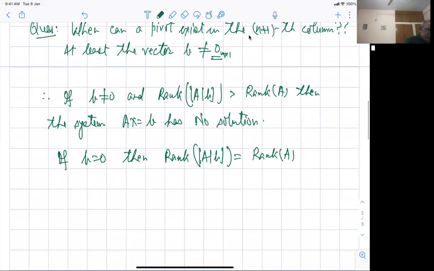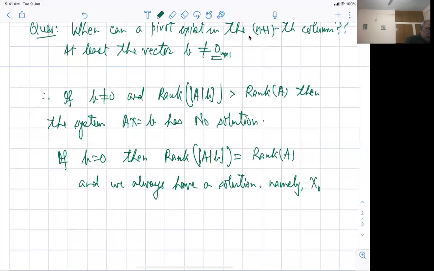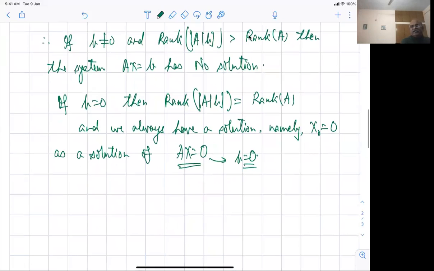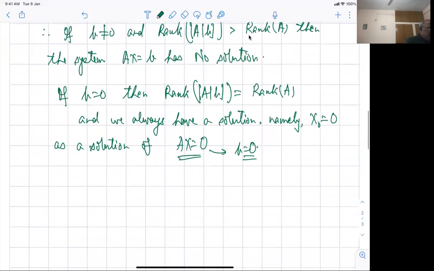Then the ranks are equal, and we always have a solution, namely x0 equal to 0 as a solution of Ax equal to 0, because b is taken to be 0 here. Now let's look at different examples to understand the solution slowly and build up the idea. Example.